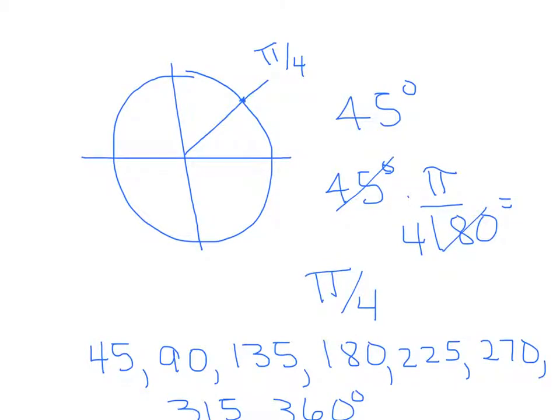So let's take a look at that. I have 45, which is pi over 4. I can put 90 degrees up here.